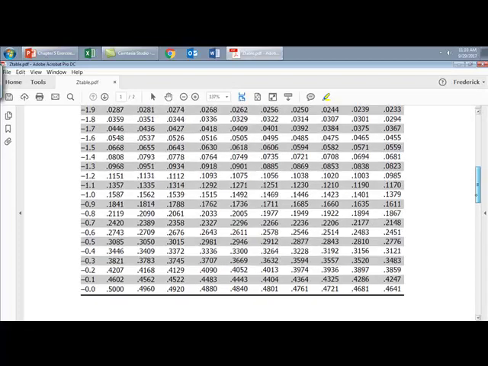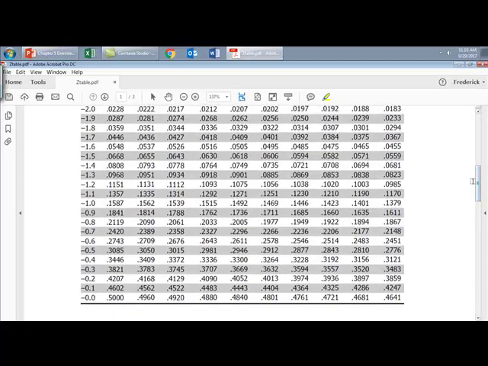A little too far. 1.8 is this white row going across. 0, 1, 2, 3, 4, 5, 6. Make sure you guys double check. 1.86. 0314.